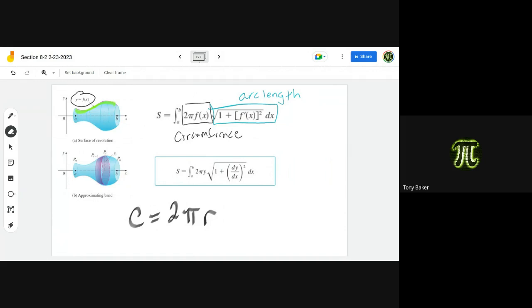When we looked at volume, we took the pieces inside and rotated them. If we're going to look at surface area, it's really just the outside edge rotated. So that's what we're looking at tonight. We're looking at the surface area, which is your arc length rotated around an axis.